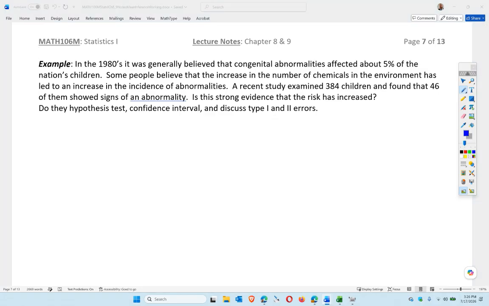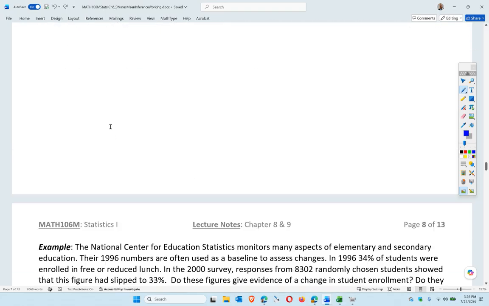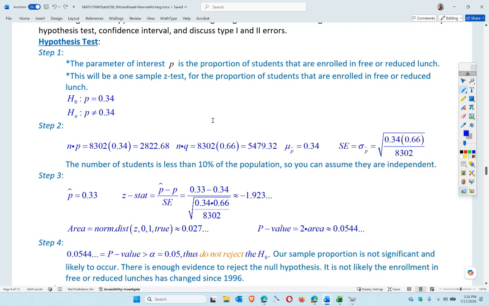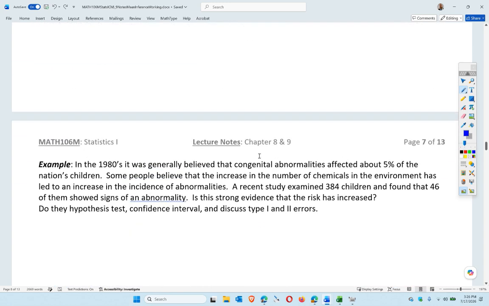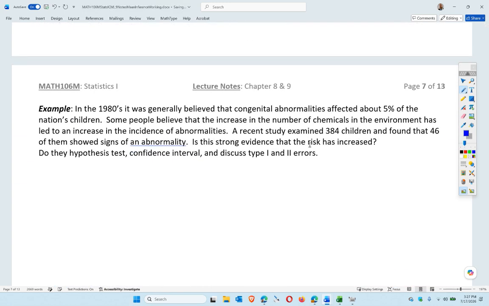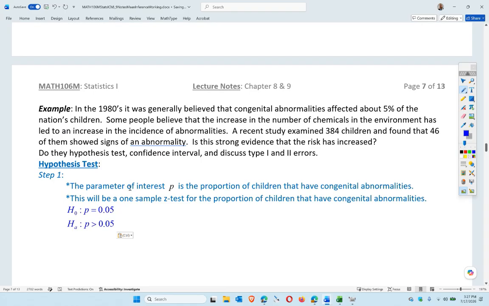Okay, so clearly we're looking at a right-tailed test because we want to know if there's an increase, right? So my parameter of interest is P, which is the proportion of children that have congenital abnormalities.